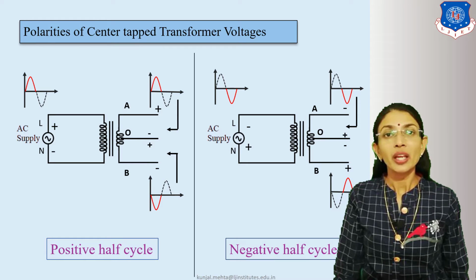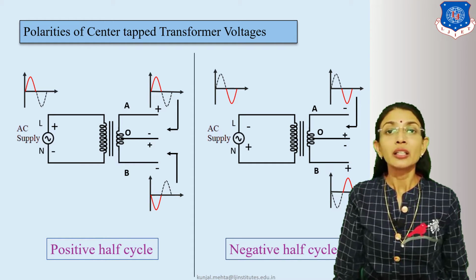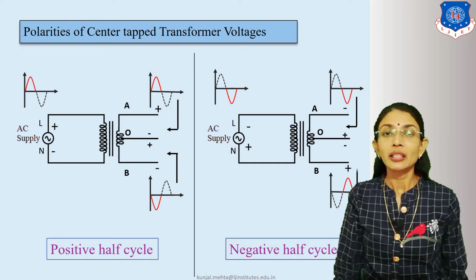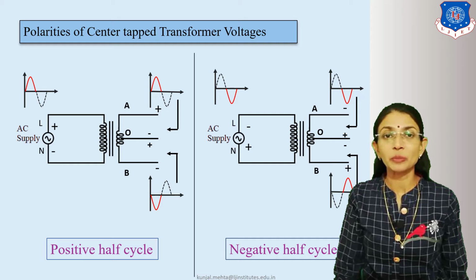Again I am repeating that during the positive half cycle, for the upper part of the center tap transformer, we will have the positive half cycle, and if the input is the negative half cycle, then the output at the upper part will be negative, and in the other portion it will be reversed.